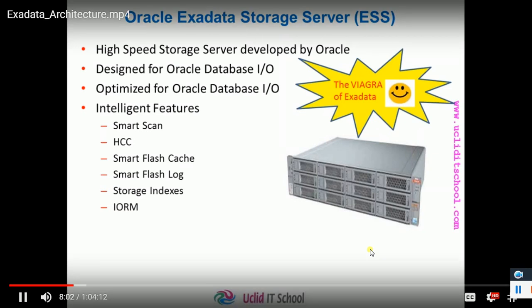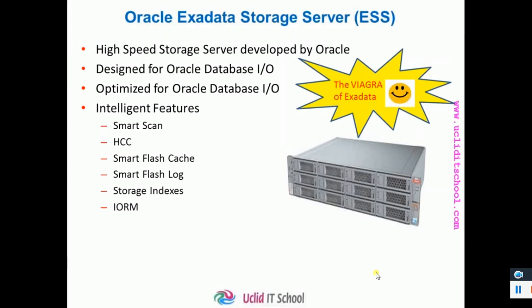These are some intelligent features which are built into Oracle Exadata storage server. Other storage servers don't have these features. That way, when you use Oracle Exadata storage server for your storage management, your databases get maximum I/O performance, which contributes to the overall database performance.